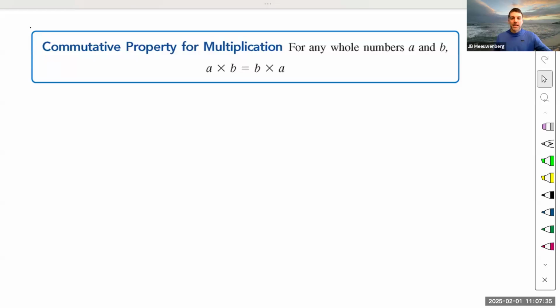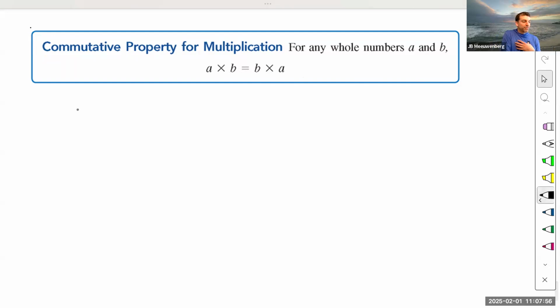You go in one direction and then you turn around and you drive the other direction. Multiplication works the same way. For any whole numbers A and B, A times B is equal to B times A. They give you the same answer, the same product.